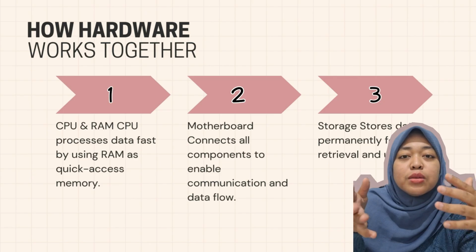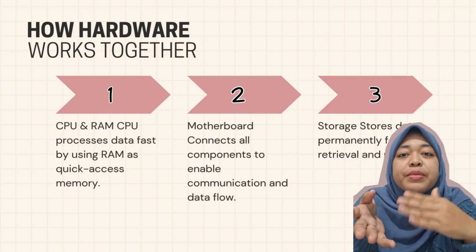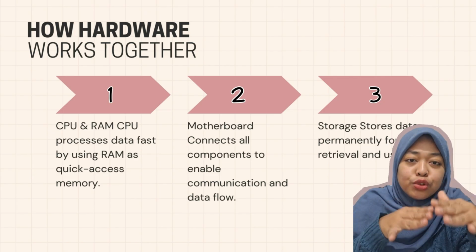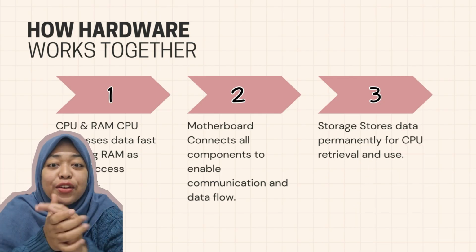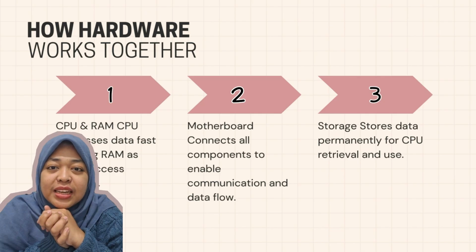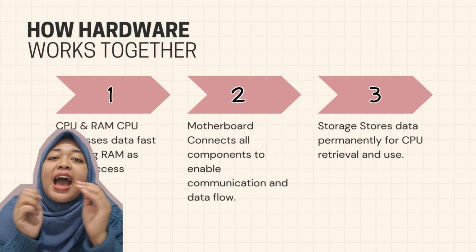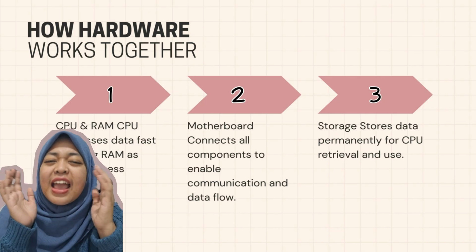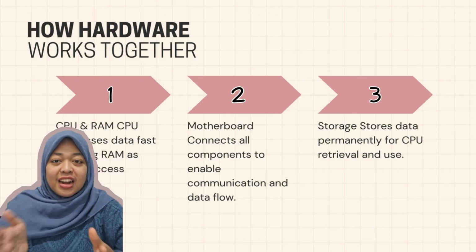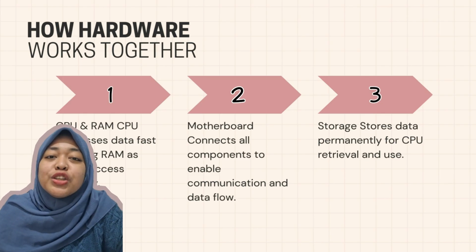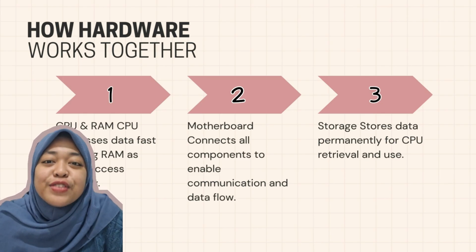It allows them to communicate and keep data flowing smoothly. Step 3. Storage saves data permanently. The CPU can access this data anytime it's needed. Together, these components make sure the computer runs efficiently and smoothly.